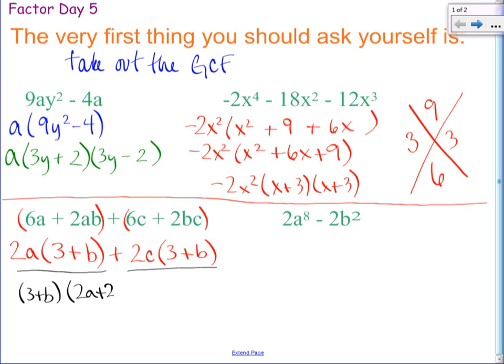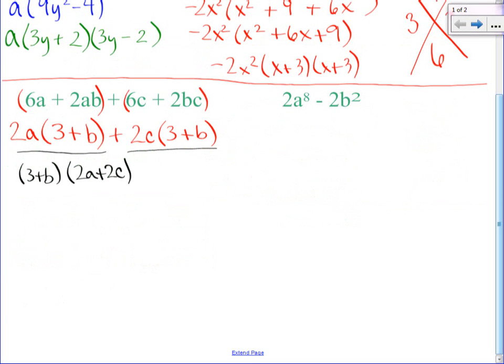2a plus 2c. Now, this problem is not done being factored. One of these terms could be factored a little bit more. Yeah, right here, there's a GCF we could take out. So let's pull that way out front. So we have 3 plus b. What's left in here now?